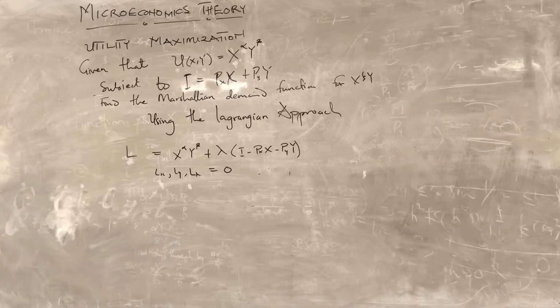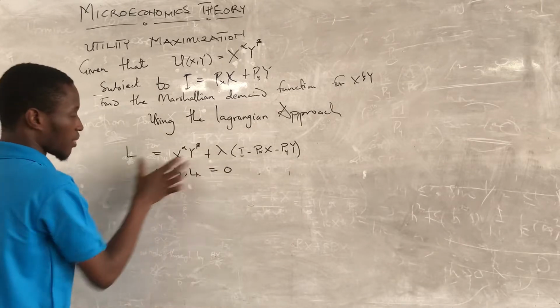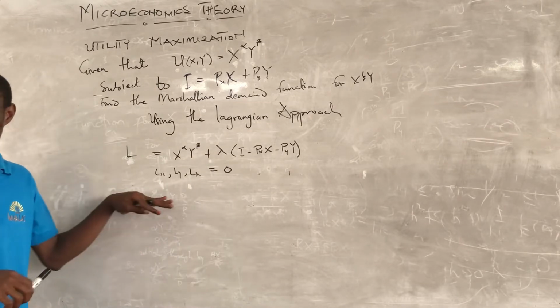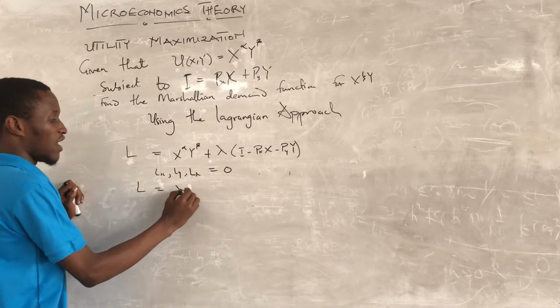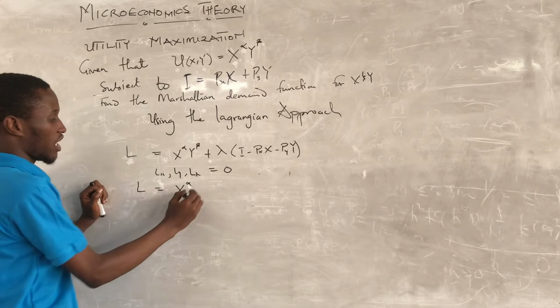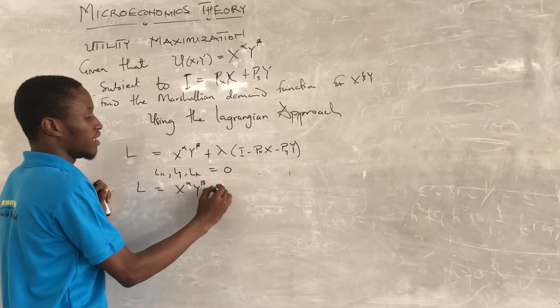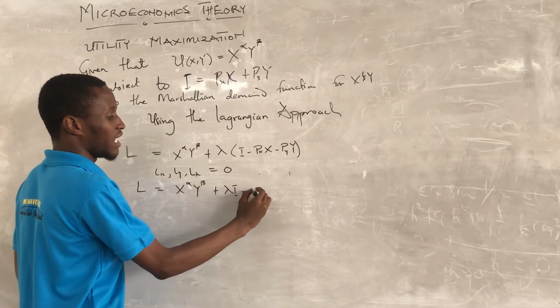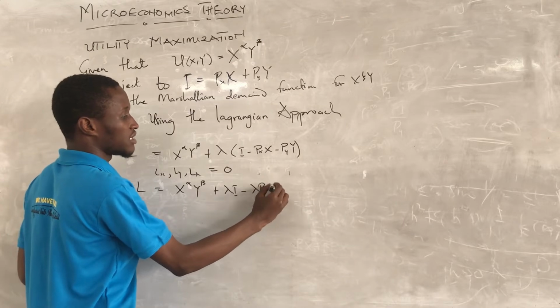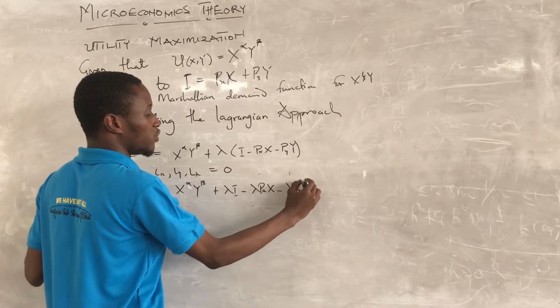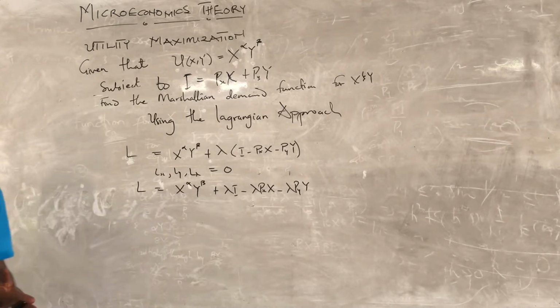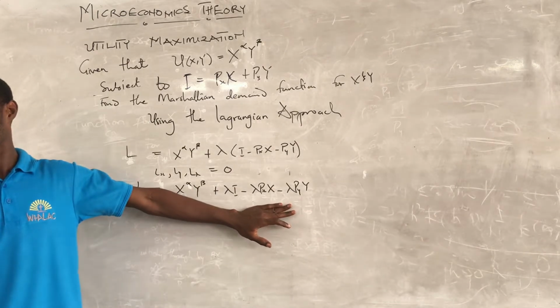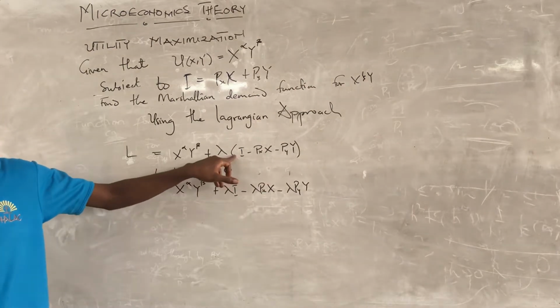Okay. So now having this, we can expand so that we can simply differentiate. So L, when I expand, I have x^alpha y^beta plus lambda I minus lambda px x minus lambda py y. If you are a good mathematician, you can skip this simplification and just differentiate straight from this point.